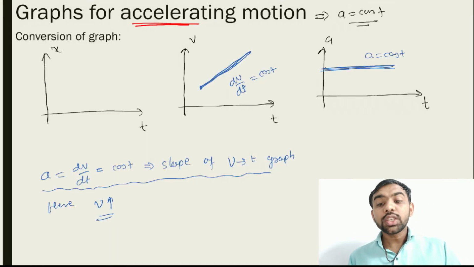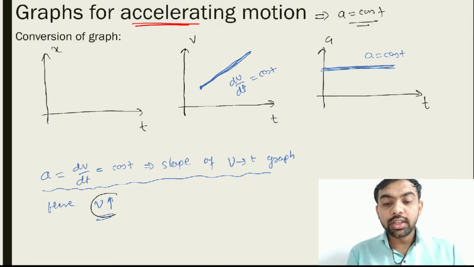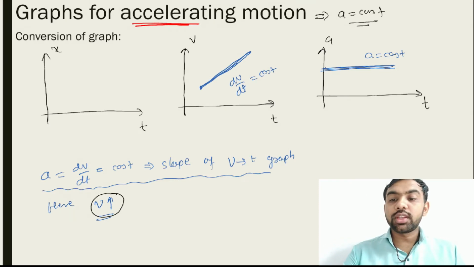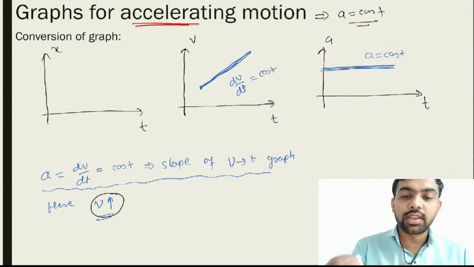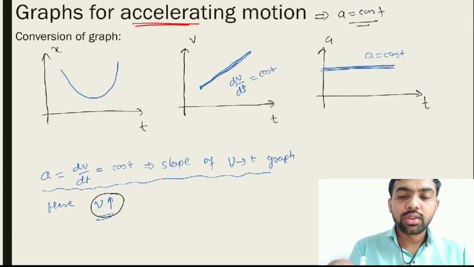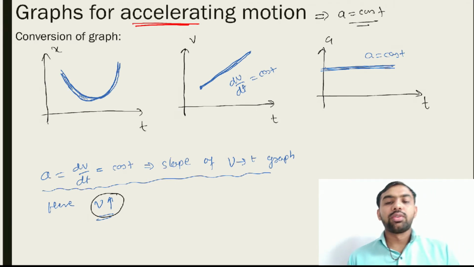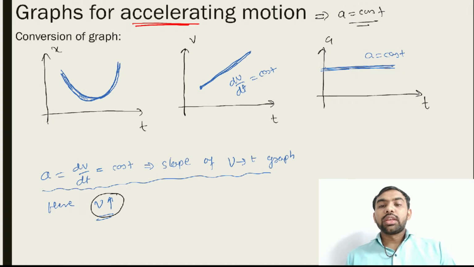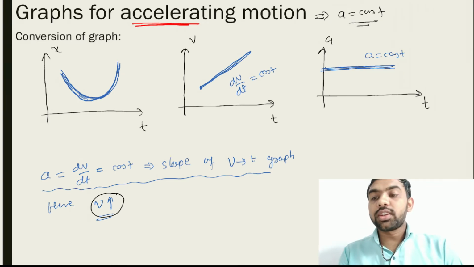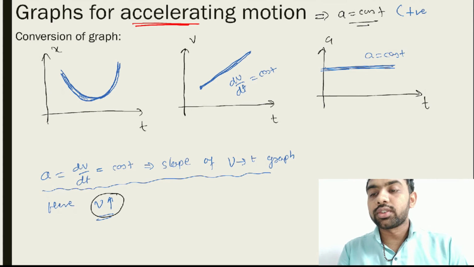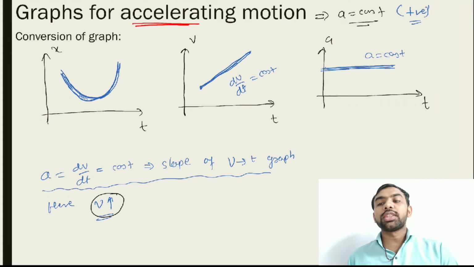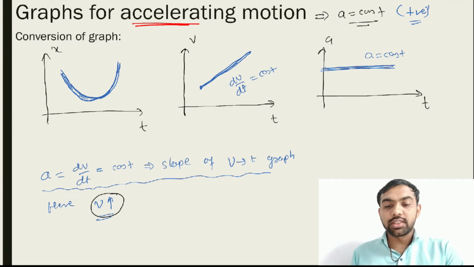Okay, let's see. Velocity increases. So how do we draw this x versus t graph? In such a way. Consider the constant positive acceleration, where the speed increases.